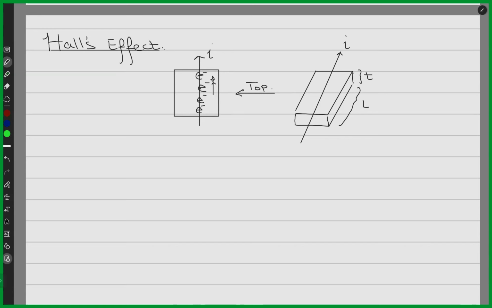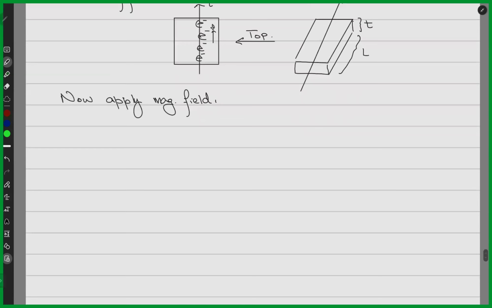What you can do is perturb it by applying some magnetic field. So now we apply a magnetic field in such a way that it is perpendicular to this surface, the top surface.